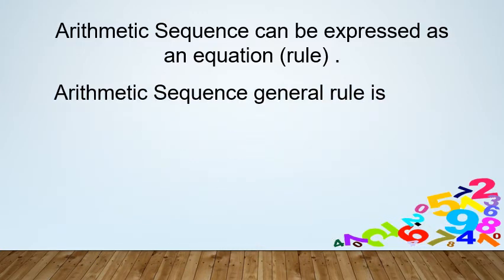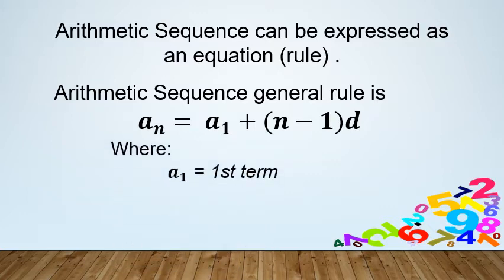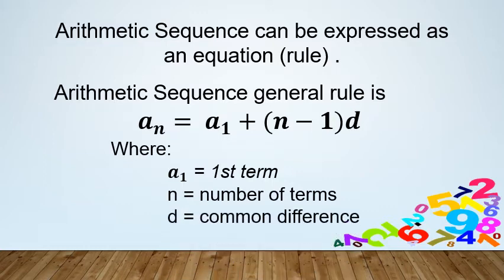Arithmetic sequence general rule is a sub n equals a sub 1 plus the quantity of n minus 1 times d, where a sub 1 is the first term, n is the number of terms, d is the common difference, a sub n is the last term.